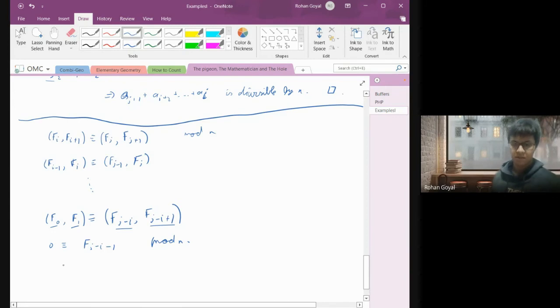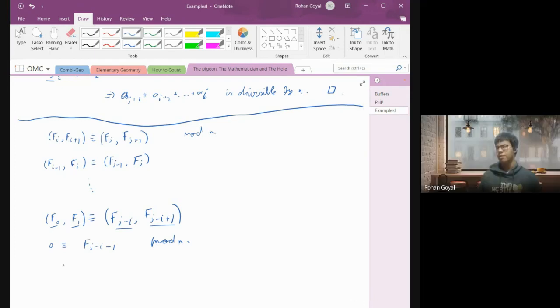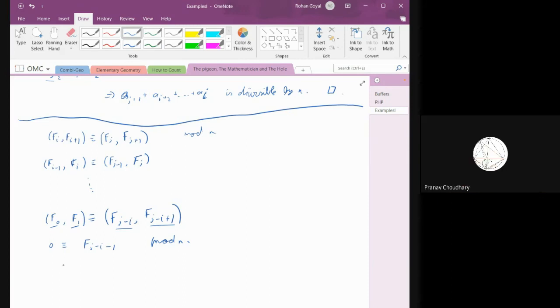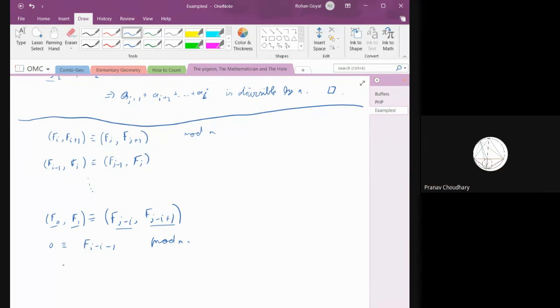Yeah, F0 is 1. Also, for this problem, I was just seeing the Fibonacci numbers from 0 to 200 to get some nice property. There was this nice property that every 15th Fibonacci number is divisible by 10. Every 15th, you said? Like F of 0 is 0 and F of 1 is what? Are you sure it's 15? Yeah, F of 0 is 0, F of 1 is 1, F of 2 is 1.